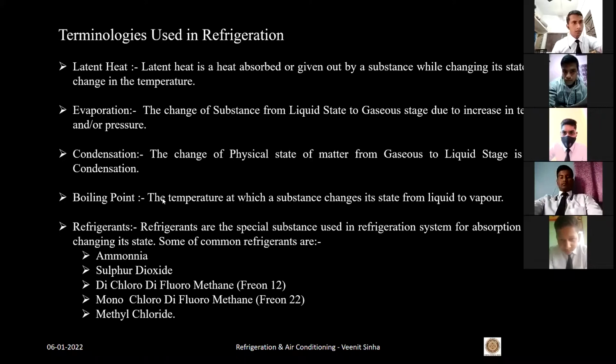After that you are able to see the boiling point. Are you able to see, all of you? Great. So boiling point: the temperature at which a substance changes its state from liquid to vapor.